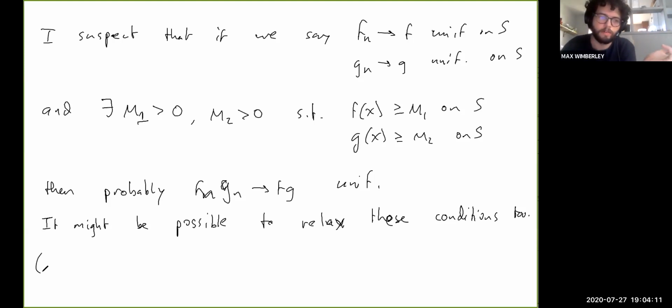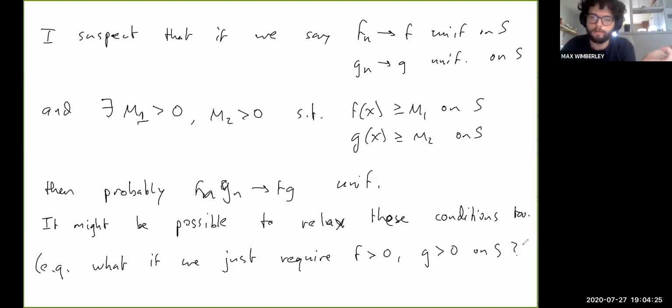So for example, what if we just require f greater than 0, g greater than 0, right? I'm not sure. Things could get pretty dicey in this situation, but here I definitely feel like we're safe if this is true with these M1 and M2.